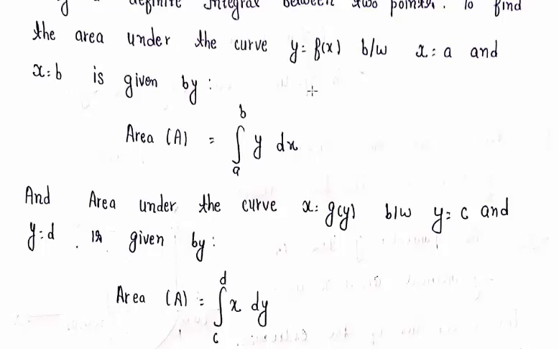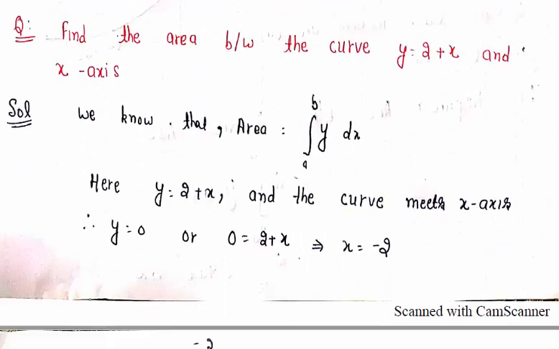The first formula is for when the curve is given in terms of x and limits for x are given. With the help of the definite integral, we find the area under a particular curve by using these two formulas. So we discuss one example based upon this concept.